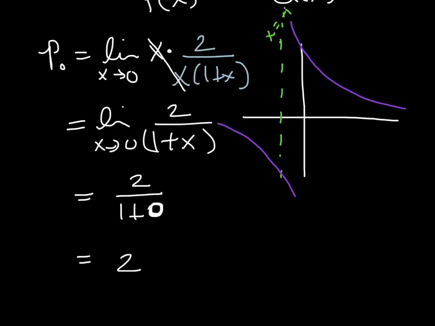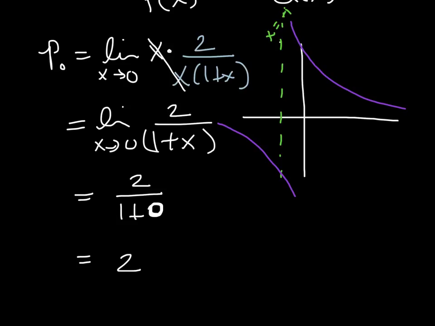Okay, so at 0, if x is 0, this point here is actually 2. So we do get a value. It's when x is approaching -1 that we get 0 in the denominator, and that's undefined. It grows really, really rapidly, so there's no problem there.